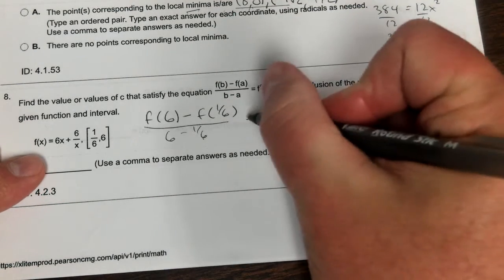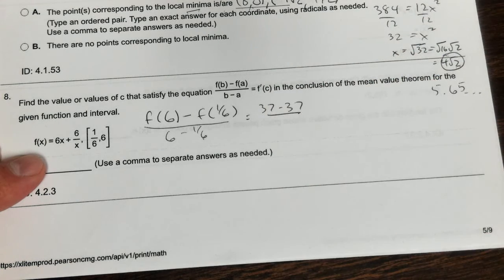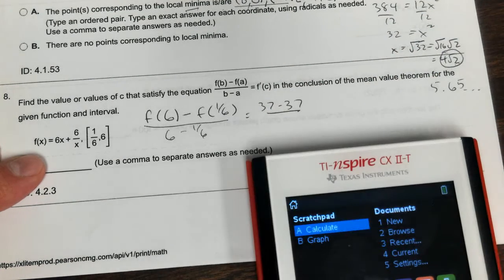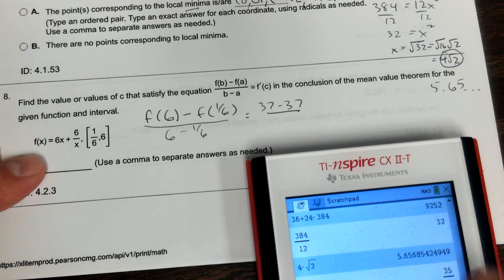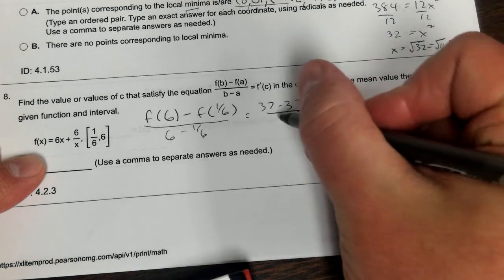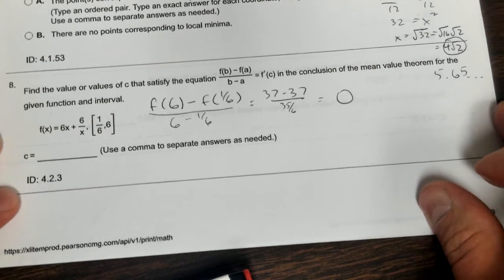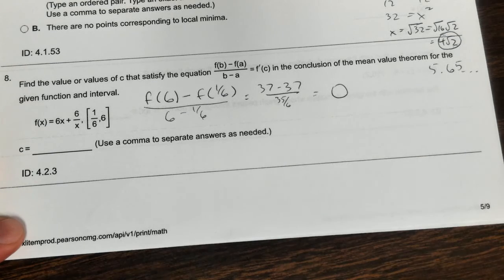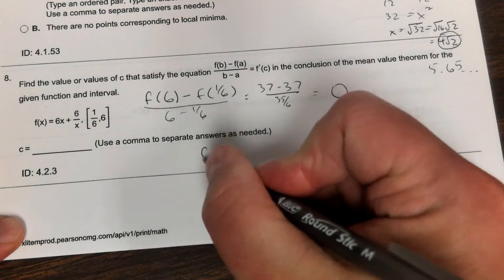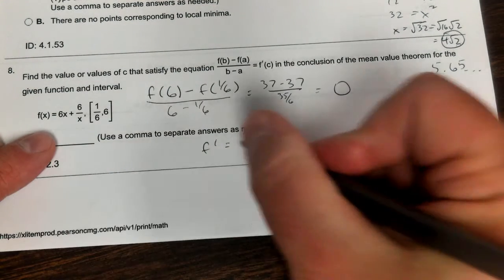So this would be 37 minus 37 over 6 minus 1/6 is 35/6. And so you get 0 for that. Okay, so now we need the f prime part, and so the derivative of 6x would be 6.